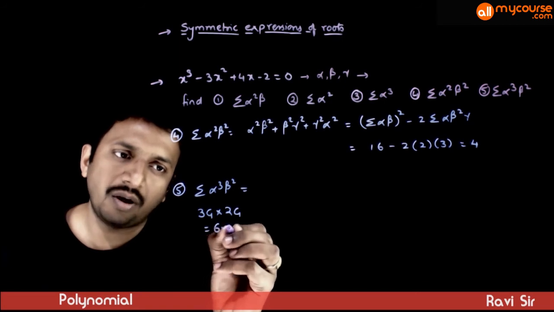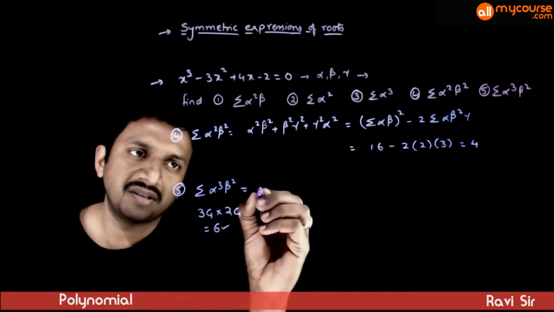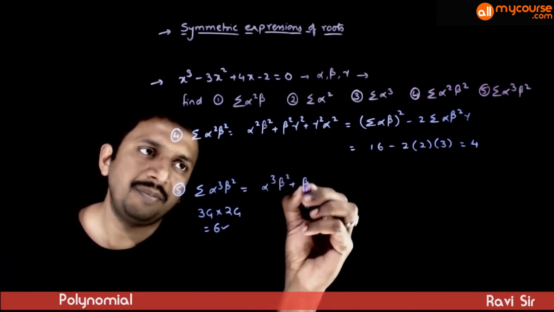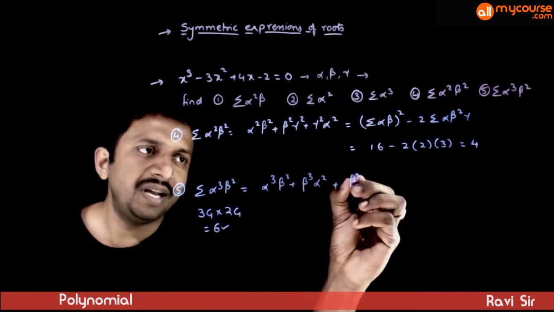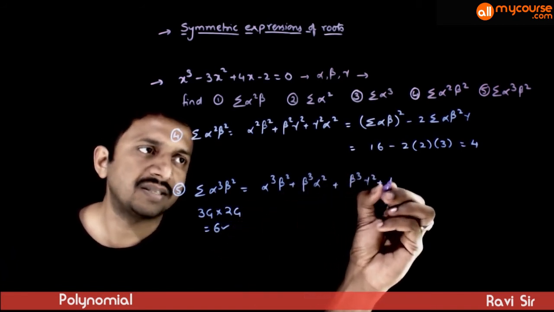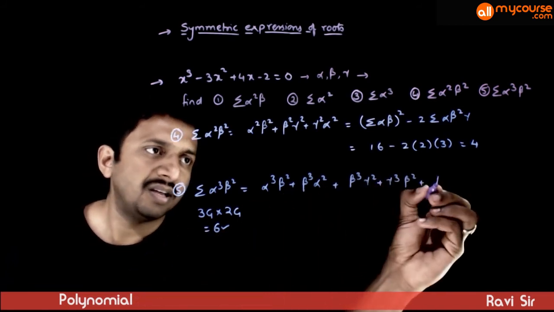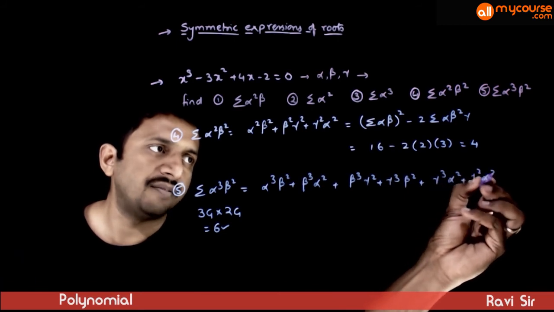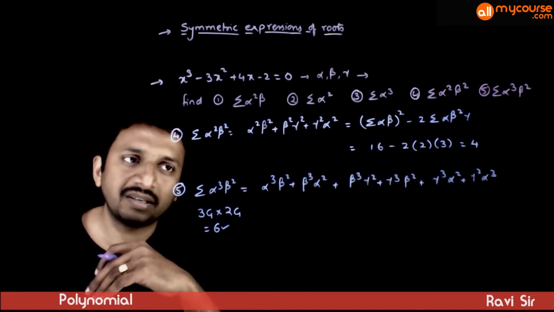So we have a total of 6 terms. What are the 6 terms? Alpha cube beta square plus beta cube alpha square plus beta cube gamma square plus gamma cube beta square plus gamma cube alpha square plus gamma square alpha cube. So these are the 6 terms that you have.